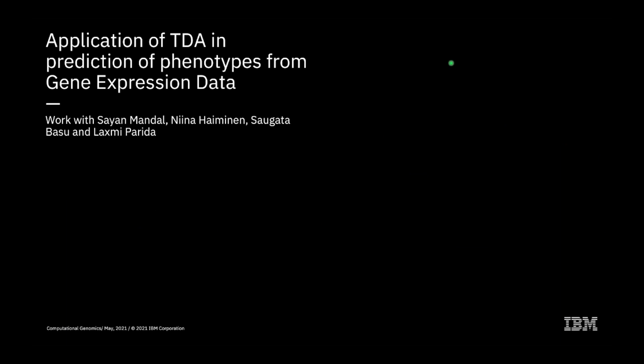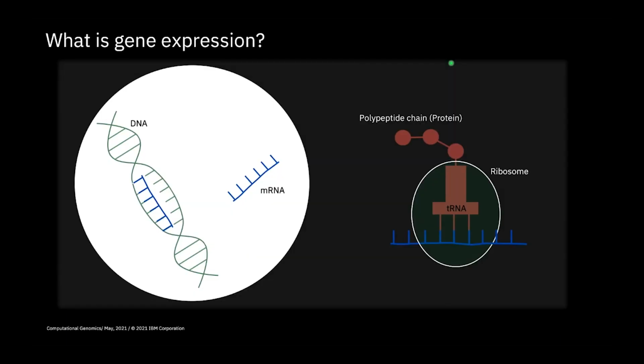Nina and Lakshmi, as I mentioned, are colleagues at IBM, and Shogata is a professor at Purdue, and Sayan at the time was an intern at IBM, and he was at Ohio State University. Now, I'm not sure where he is. Sorry about that.